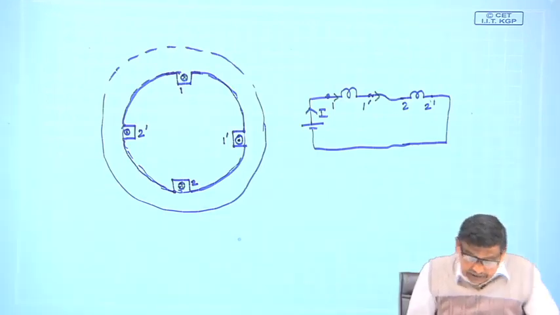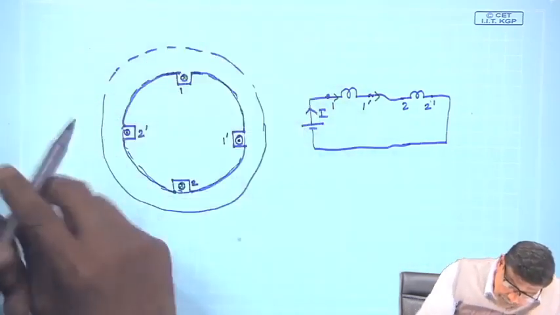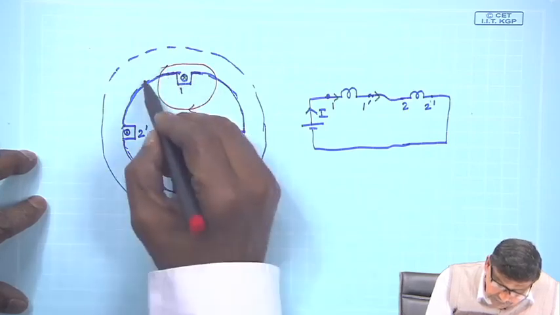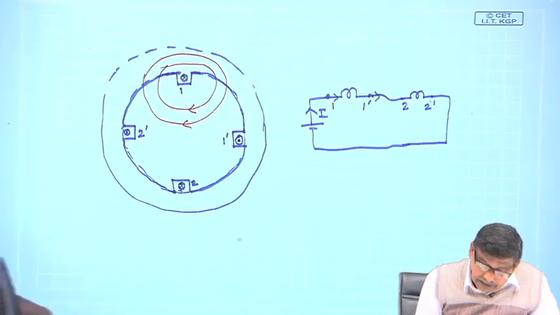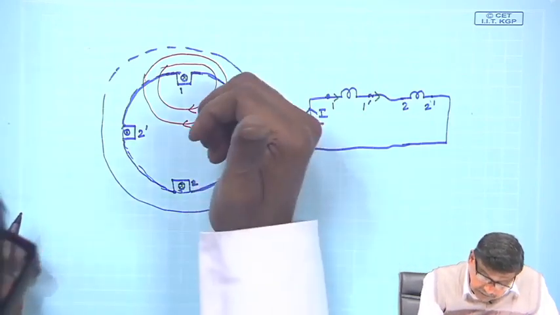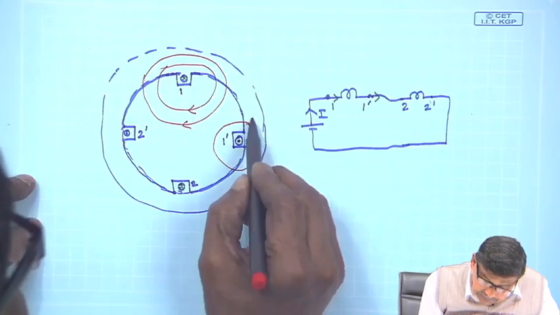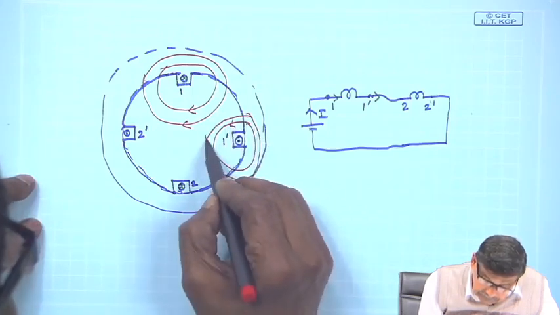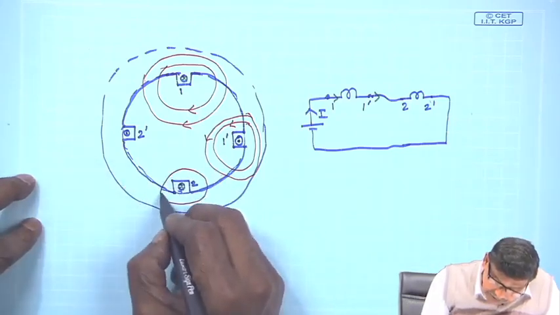Implication is very interesting. See, this cross current will produce lines of forces like this. This dot current will produce lines of forces like this. This cross current will produce lines of forces like this.